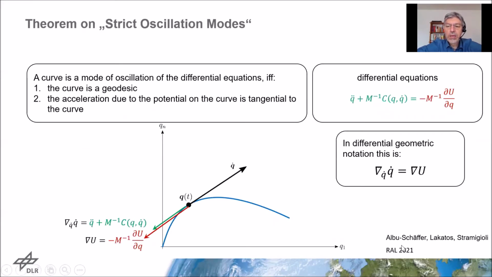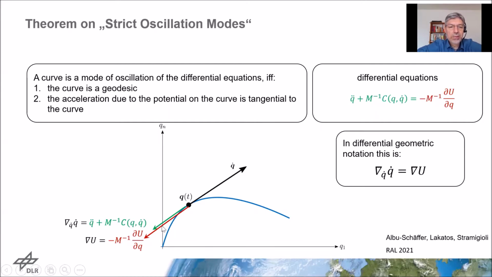And this is what we published this year in Robotics and Automation Letters together with Dominic Lakatos and Stefano Stramigioli. And we have proven that a necessary and sufficient condition that you can find a curve which is invariant no matter what the energy level with respect to the dynamics of the system is, is that this curve is a geodesic with respect to the inertia tensor, and the acceleration due to the potential field of the curve is tangent to the curve.